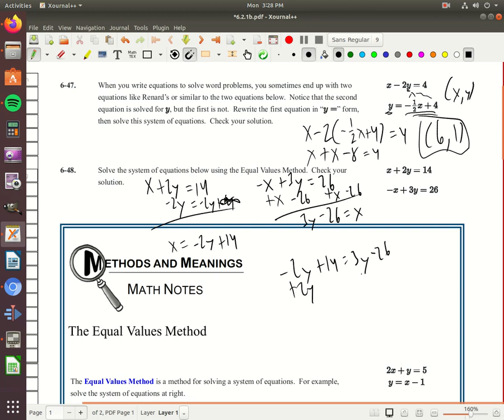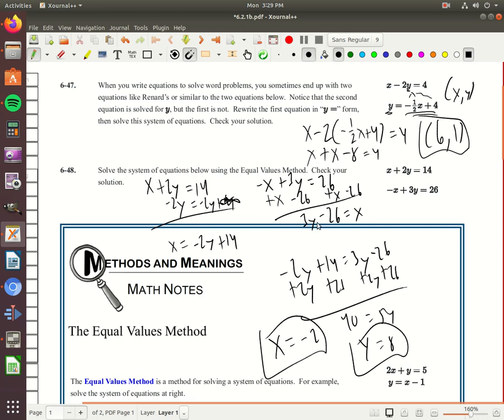Add 2y, add 26, 40 equals 5y, so y equals 8. If y equals 8, I go here, I get negative 16 plus 14, so x equals negative 2. And then I'll plug both of those in here. I get 24 minus 26 equals negative 2, so I'm happy with that.